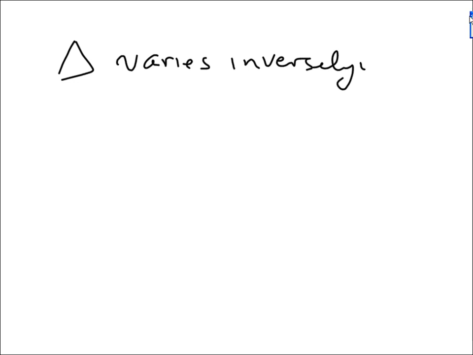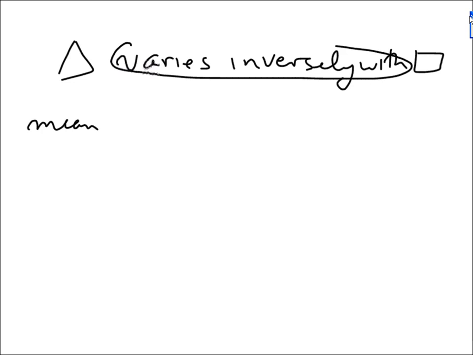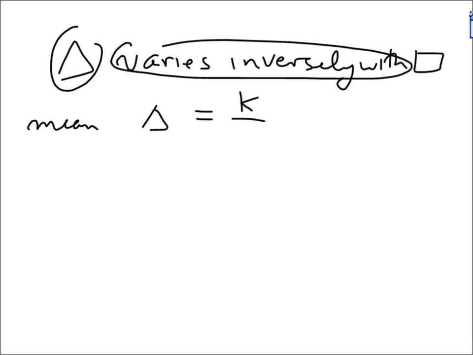New definition. If I tell you something varies inversely with something else, what does that mean? Well, varies inversely with means equals k over. So triangle equals k over square.